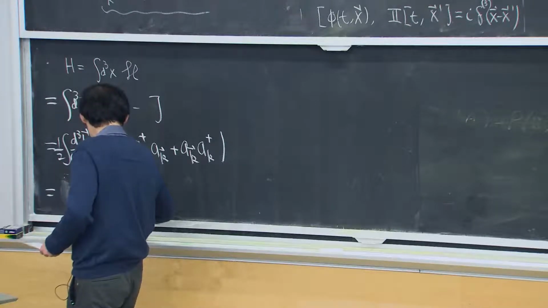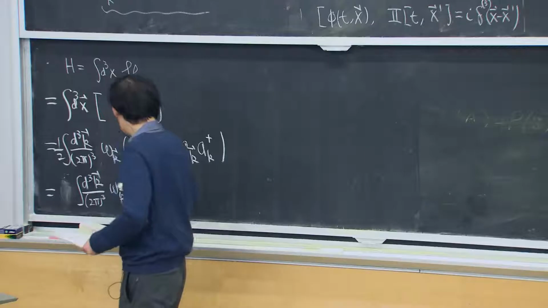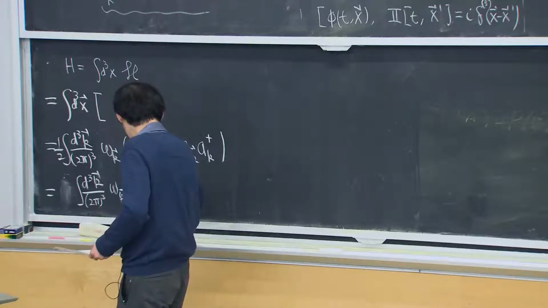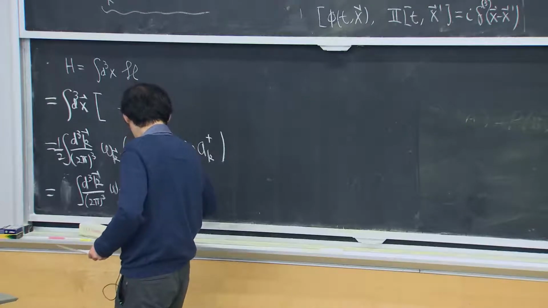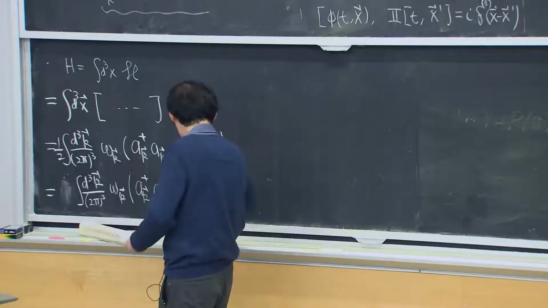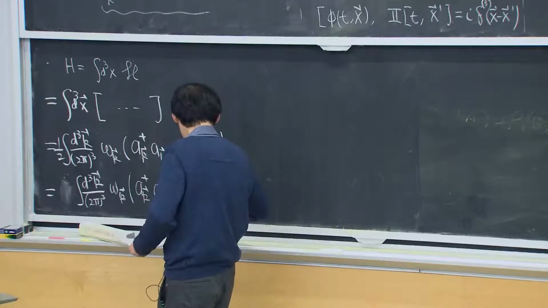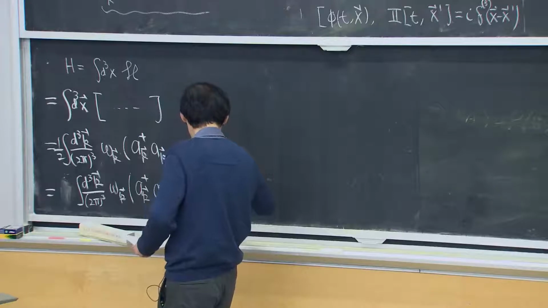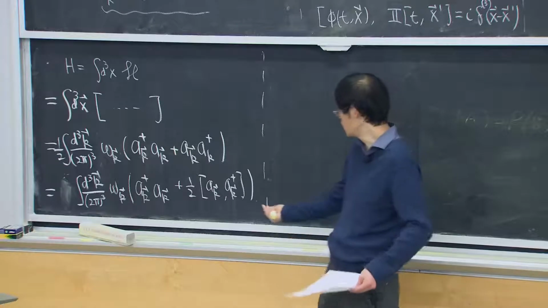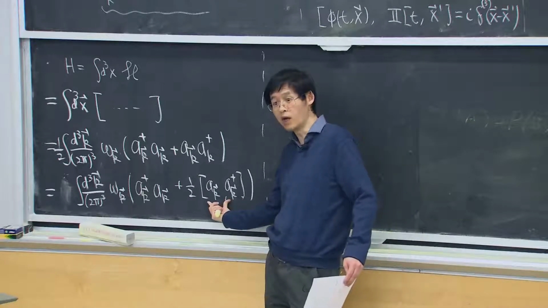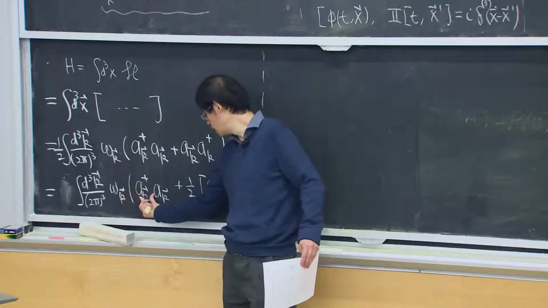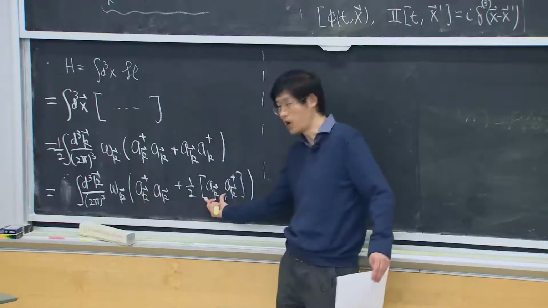So we combine these two terms together and introduce a commutator: you have a dagger a, and then plus the commutator between them. Okay. So in the standard story, this is equal to 1. Then you get the standard answer, omega times a dagger a plus one half.